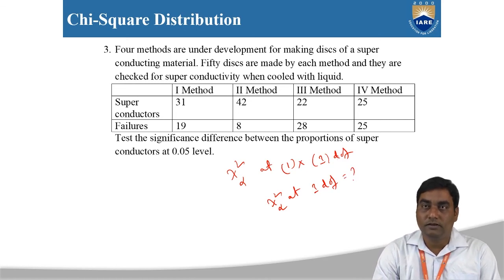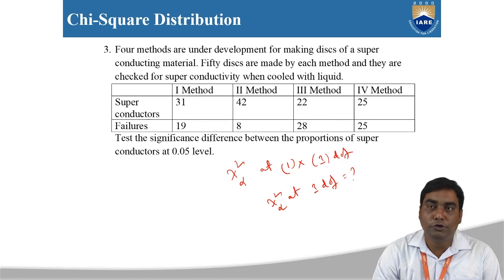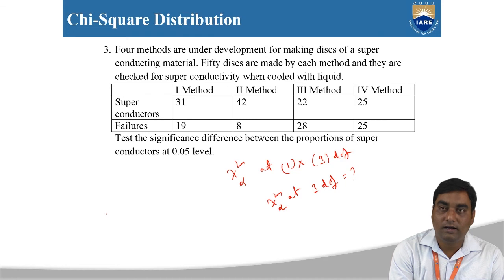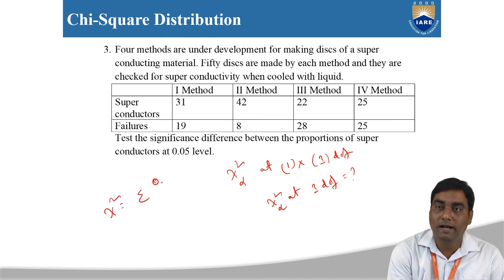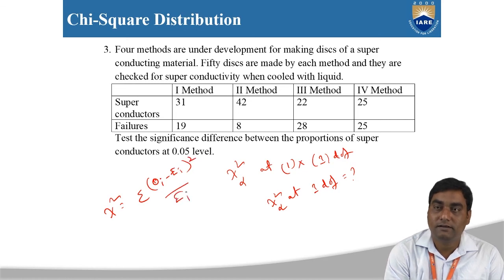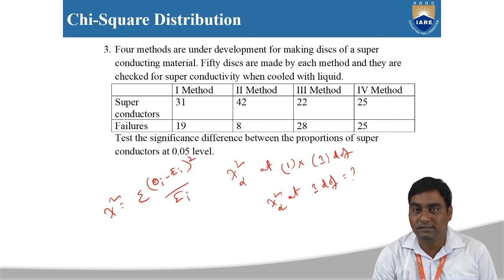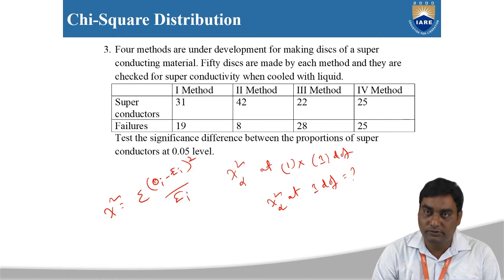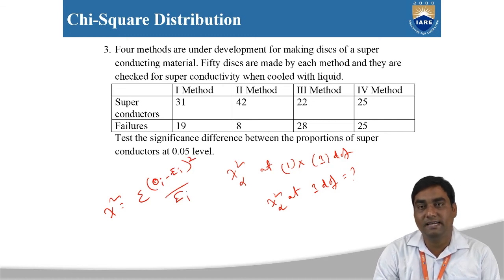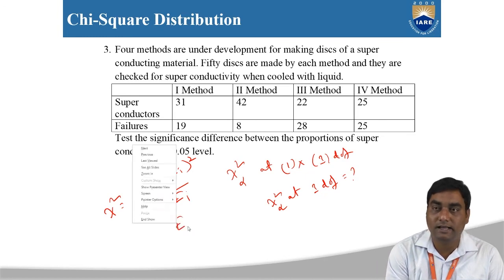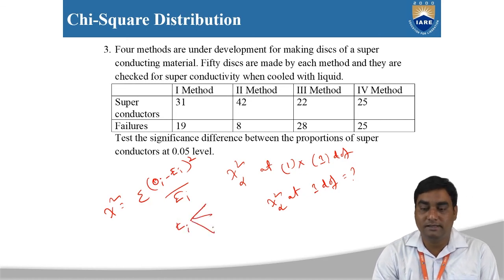Now what I am going to conclude in the chi-square test is that the chi-square formula is sigma (OI minus EI) whole square by EI. For all 3 methods, this formula is the same, to test whether there is any significant difference between observed and expected frequencies. The only change is how to find the expected frequencies. I told you that we have 3 methods.